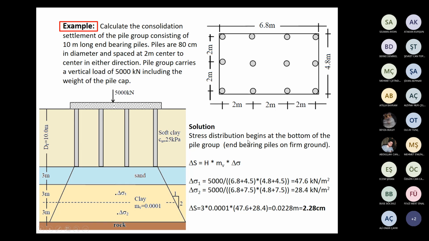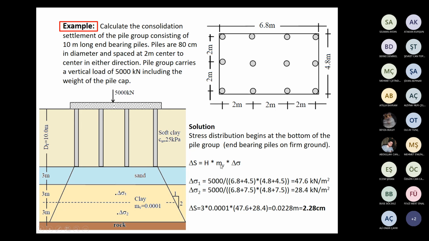We can use the MV method because as a compressibility parameter, the coefficient of volume compressibility, MV, is given, so we can use this equation.